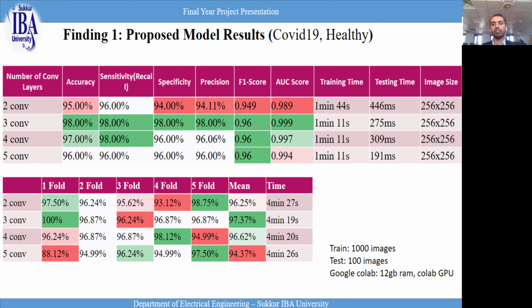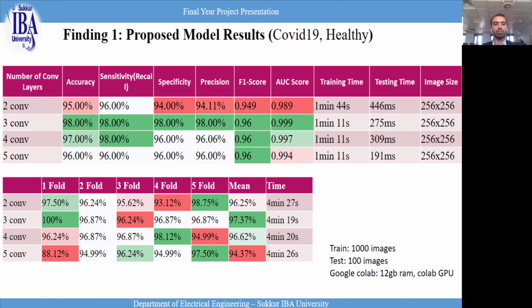And after that we compared all of the proposed models with each other. On the binary data set, the maximum accuracy is provided by the 3 convolution layer model, which gives accuracy of 98% and sensitivity 98, F1 score 96, and AUC 99.